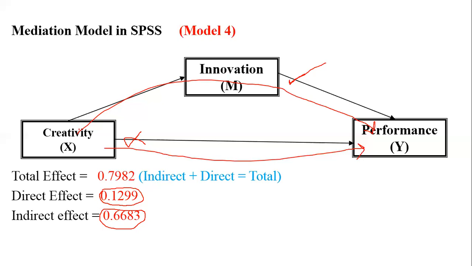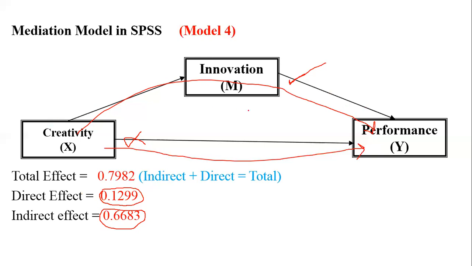So you can also call it the full mediation. So if both paths, direct and indirect, are significant, then you can say partial mediation. But if the direct path becomes insignificant, then you can say that there is a full mediation.